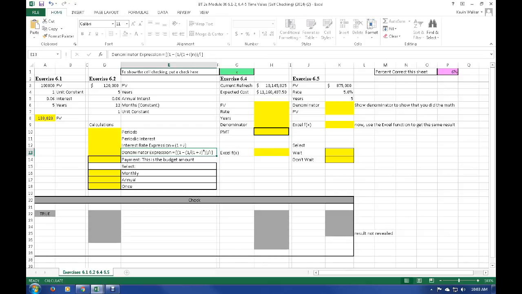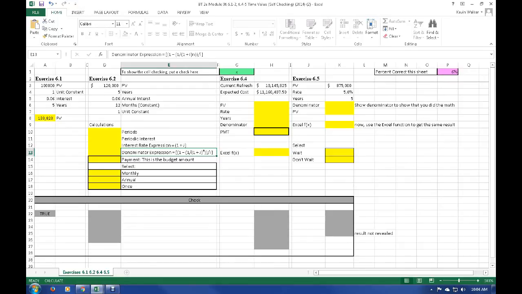You remember you did a numerator expression previously, and that's another way of doing the calculations. Here's the idea. You figure out what a denominator expression would be for a particular interest rate for a particular amount of time, and then all you have to do is know the denominator expression, and you can divide it into the present value, what you're borrowing, and that tells you down to the penny how much you need to pay every month.